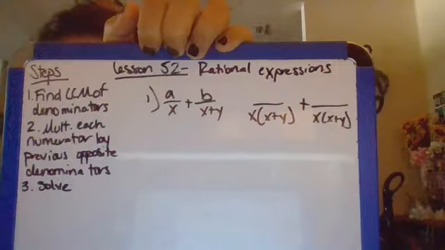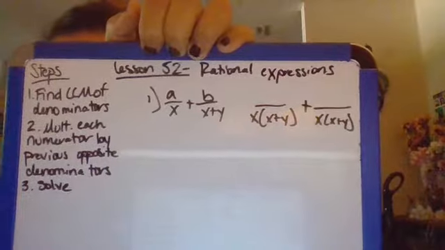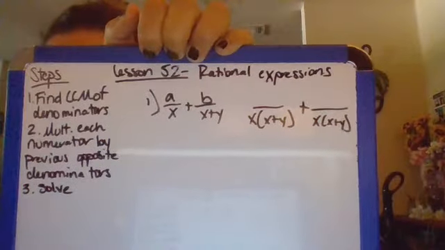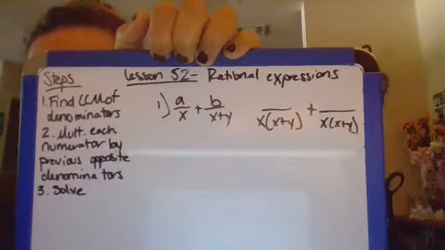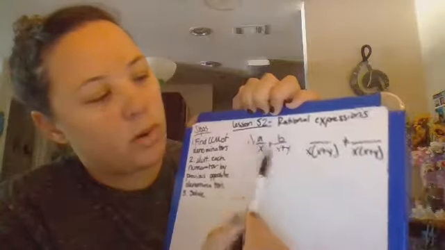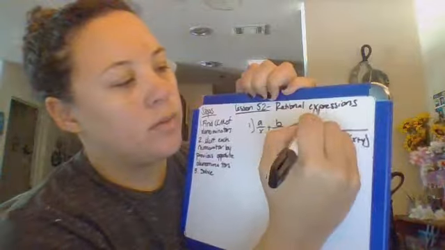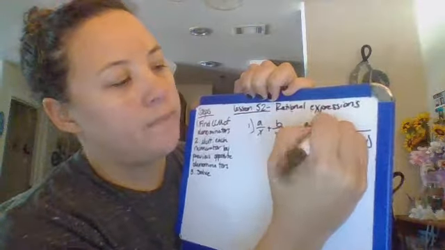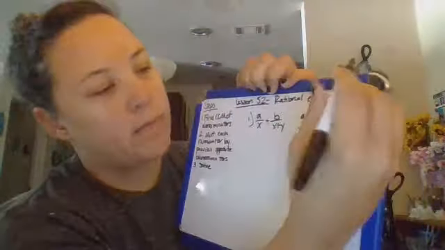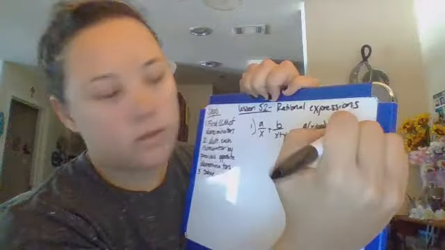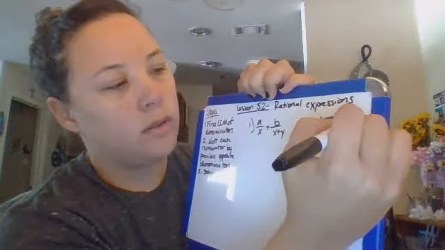And then the numerators, we need to multiply by the previous opposite denominator, which means A, we're going to multiply by x plus y. So that'll come up here, x plus y. And then B will be multiplied by x. I think we'll put it this way.